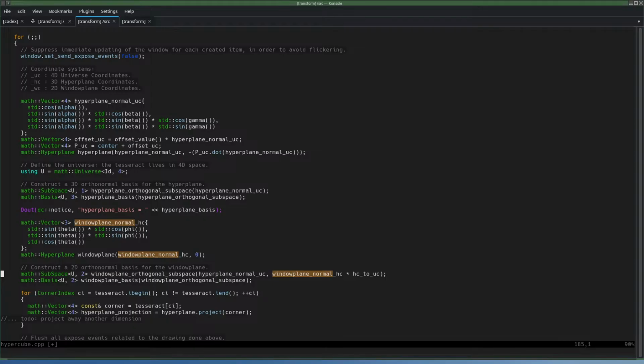HC2UC. And that must then be a thing that can be multiplied from the right with the window plane normal HC, which is a math vector.